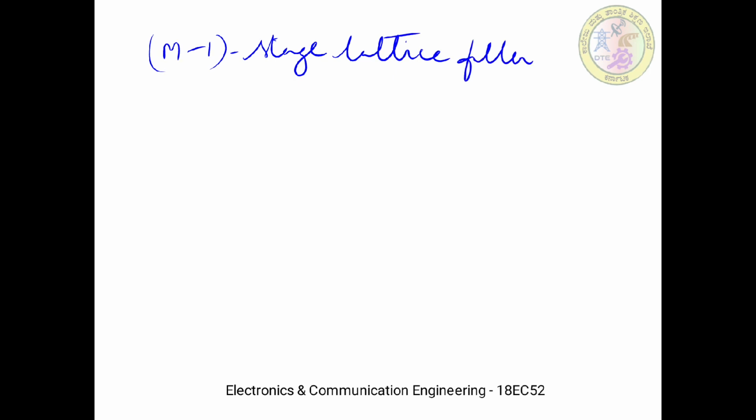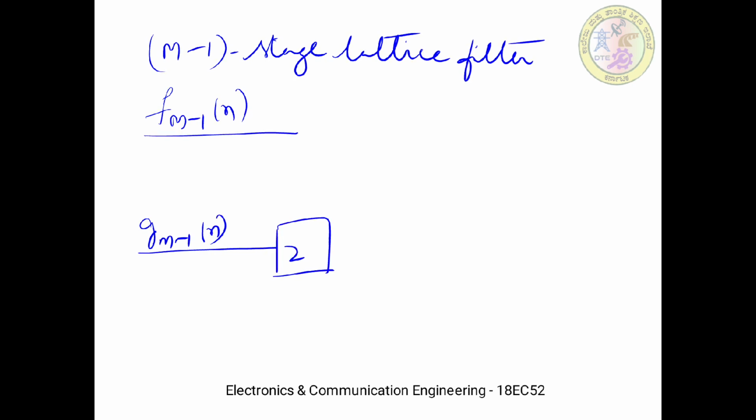Now we can also draw the m minus 1 stage lattice filter. It looks like this. We have the input f m minus 1 of n and the other input g m minus 1 of n. They pass through the delay.